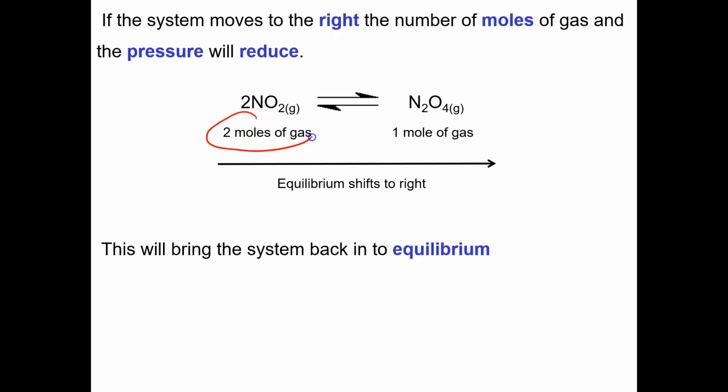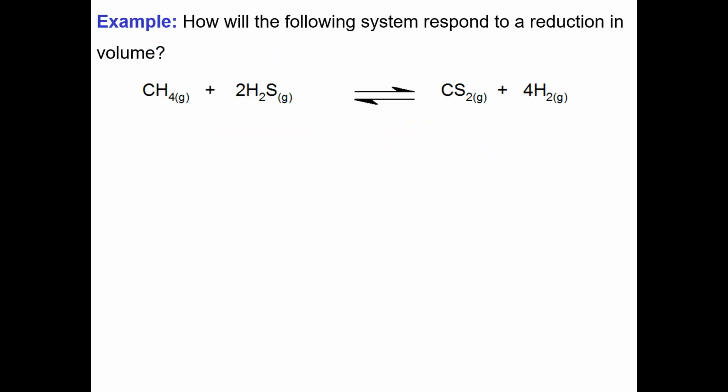So we don't really need to do any extensive calculations to understand how a gaseous system will respond to changes in volume. We just need to take note of the number of moles of gas on either side of the reaction and see which way the system needs to shift to either increase or decrease the pressure, bringing it back into equilibrium. So let's have a look at this one.